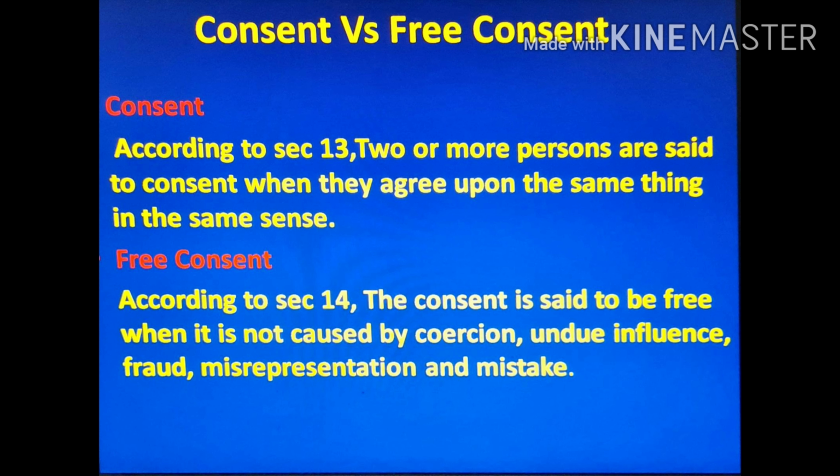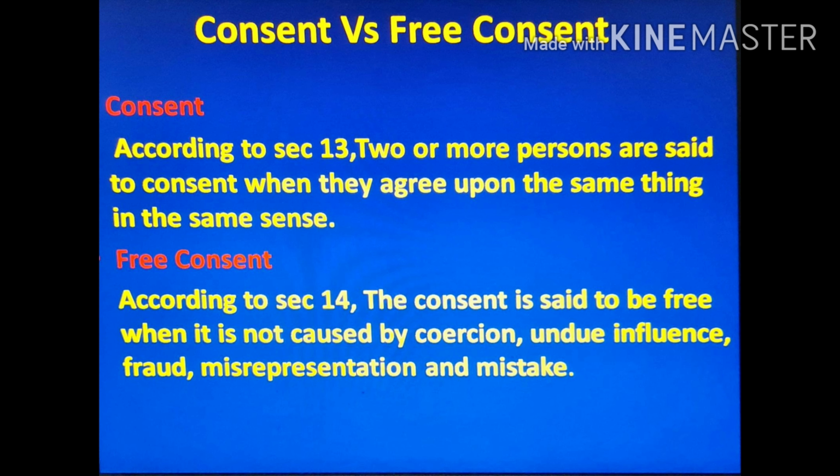Undue influence is when someone is misusing the relationship between the parties and persuading one party to give consent to contract. Fraud, you all know, misrepresentation by happenstance, and mistake. So these are called flaws of consent. Flaws, F-L-A-W-S, flaws means defects of the consent.